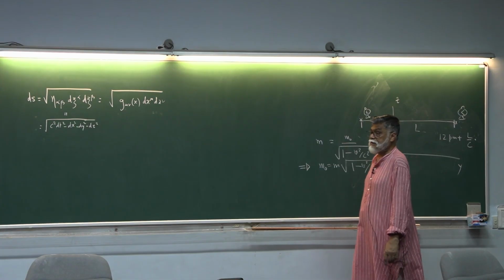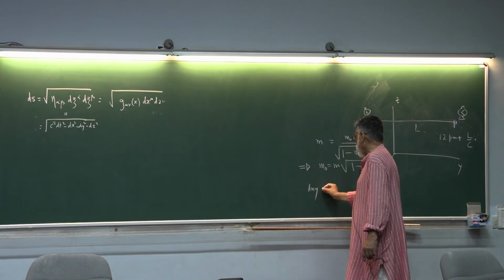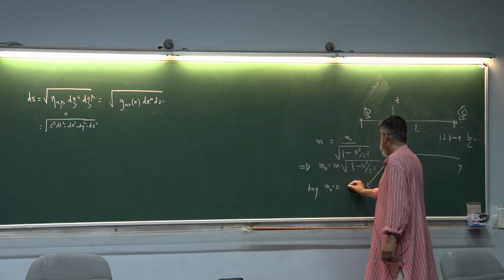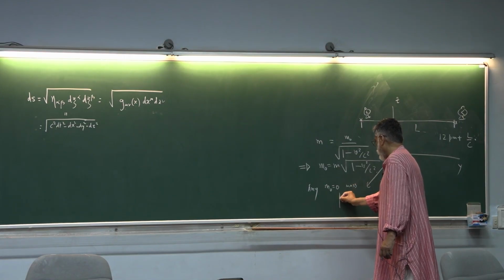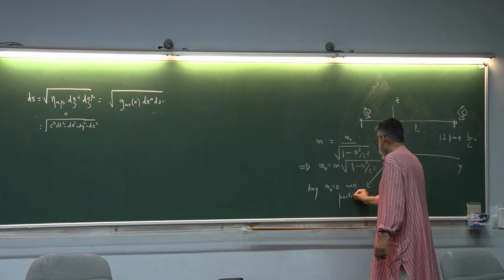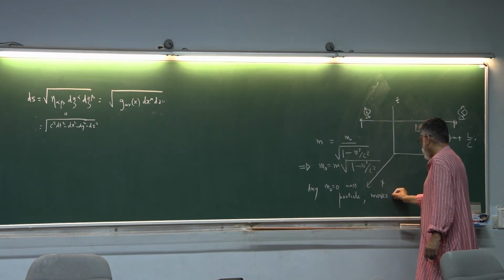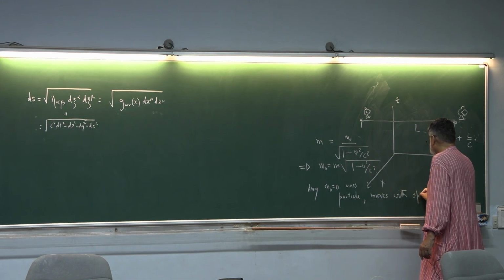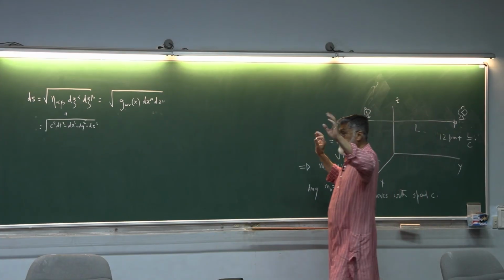So in other words, this proves that any zero rest mass particle moves with speed c. This is the proof. This is all special relativity. I am not doing any general relativity.